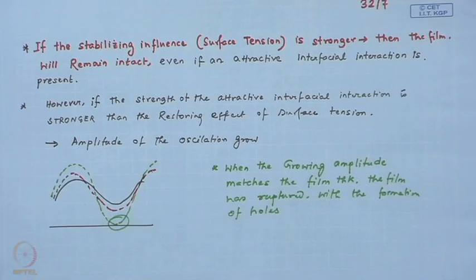So, this is a situation where, just based on the interfacial interaction, you take an initially flat film which spontaneously ruptures and forms holes.